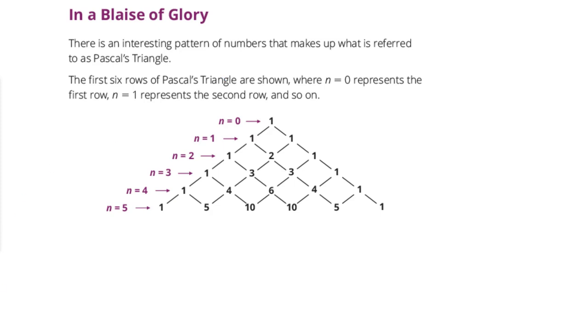So anybody have any ideas of some of the patterns that exist here? They don't have to be complex ones. What is the outside number going to be each time? That's a pattern. 5, 4, 3, 2, 1.